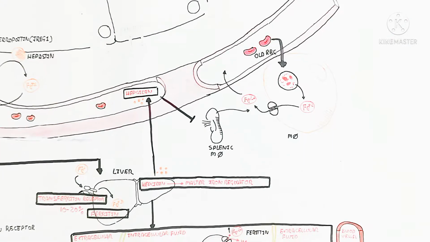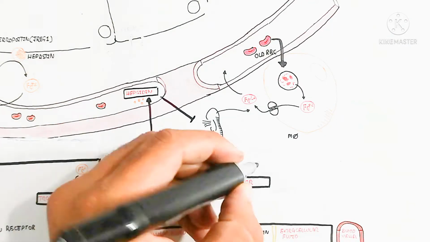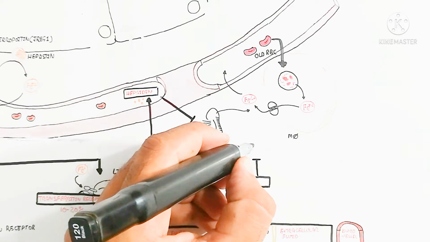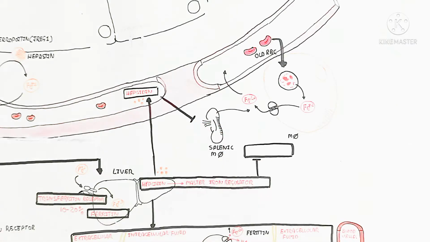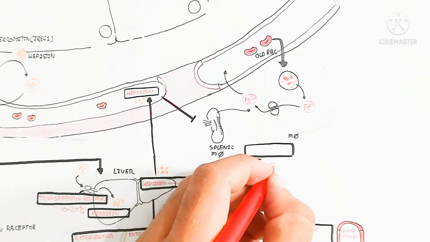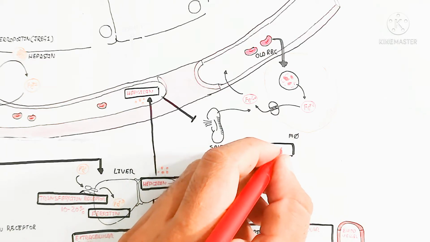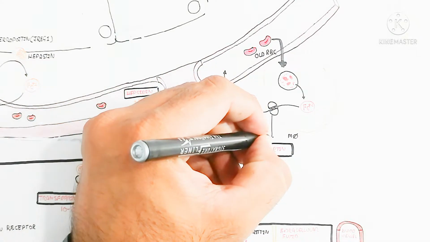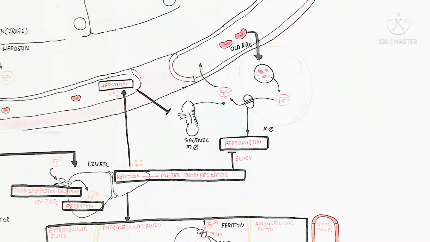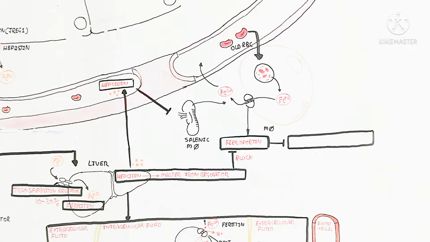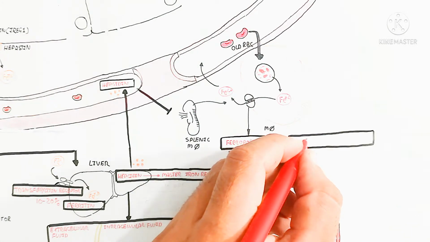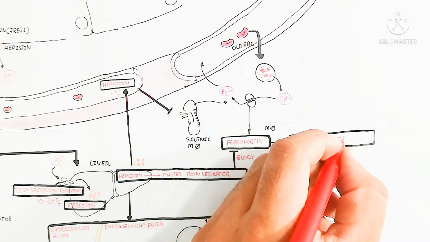Basically here I am discussing the macrophage in the spleen engulfing old red blood cells to break them down to produce more ferric. So this mechanism will be inhibited due to the excess amount of iron in the blood circulatory system. So the ferroportin will also be inhibited by this mechanism.